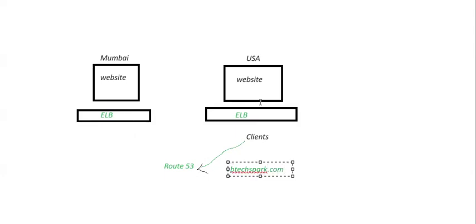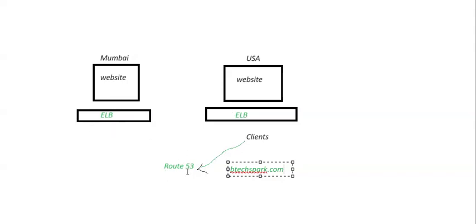This load balancer will have its own URL, but the client requests using this URL. How will the request go to these? This Route 53 will map it. Route 53 will map this request, btechspark.com, to my ELBs.